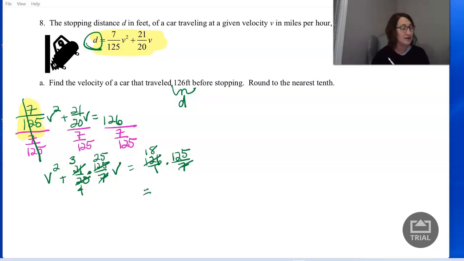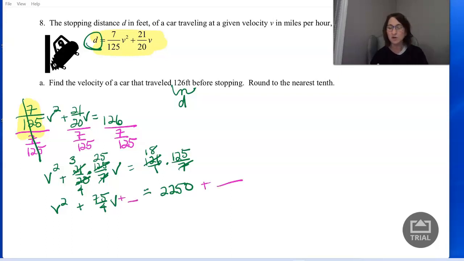So on my right, I've got 2,250. On the left, I've got v squared plus 75 fourths v. Well, let's put our blanks: plus blank, plus blank.